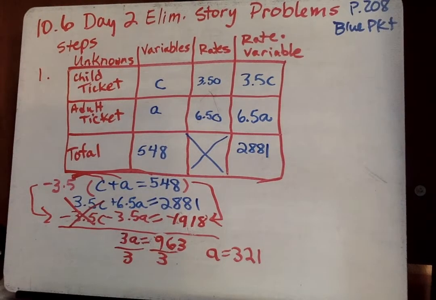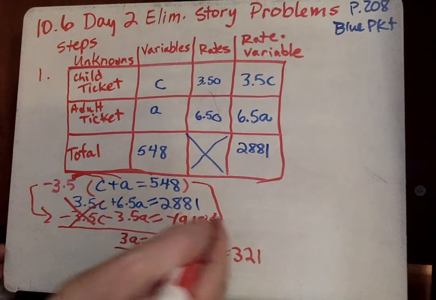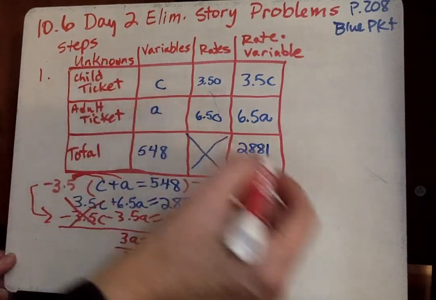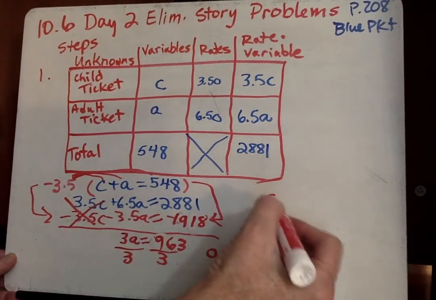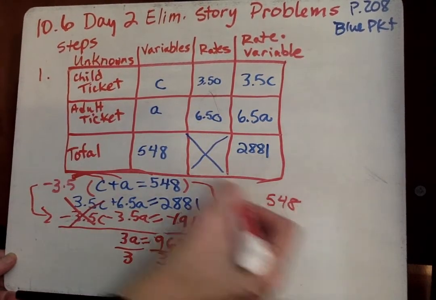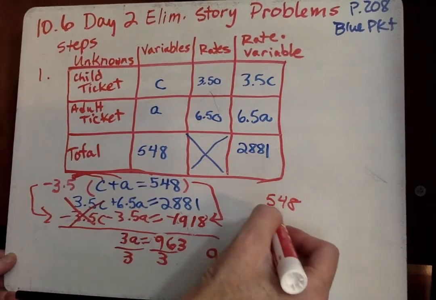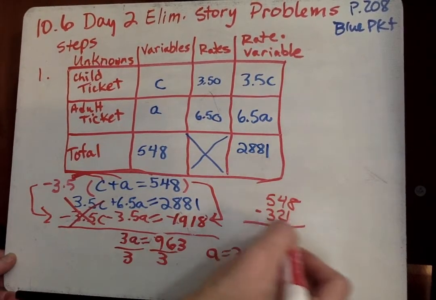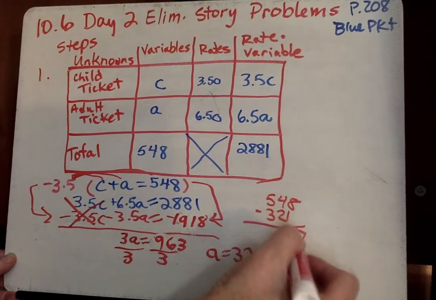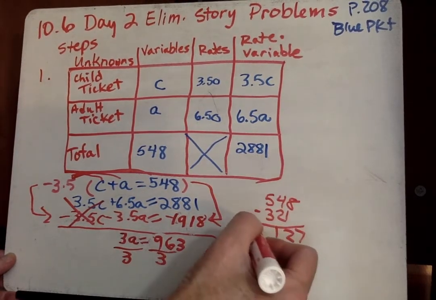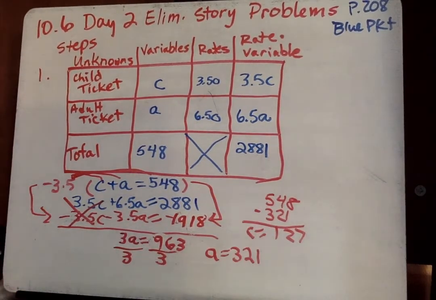So they sold 321 adult tickets, and all I have to do is plug it into here and say 548 total tickets minus 321, and that'll give me the number of child tickets, 227. So C equals 227, and I will let you write out the solution in context, and you can pause the video.